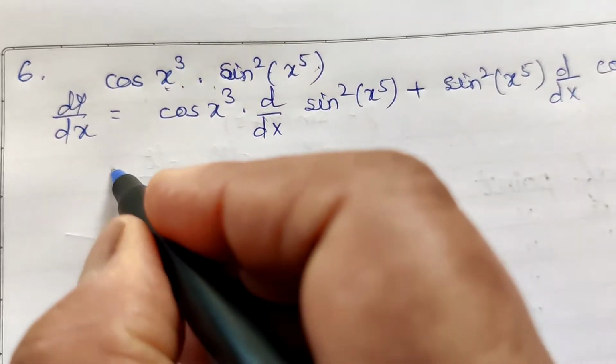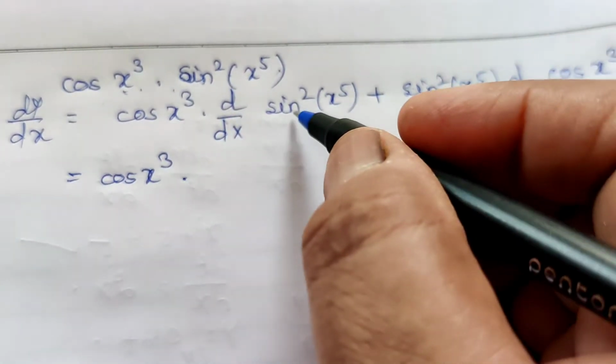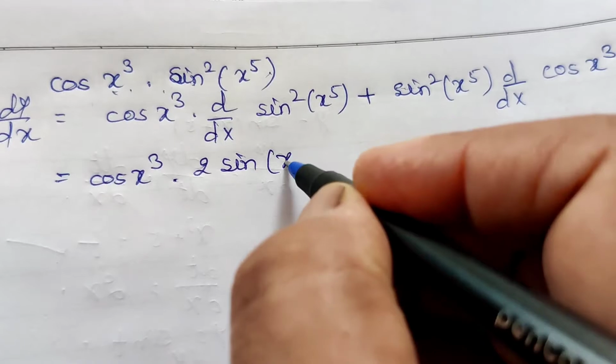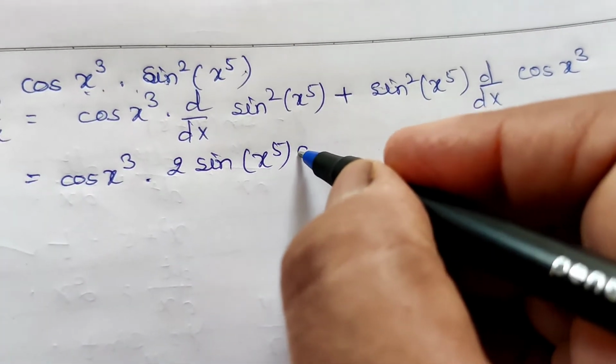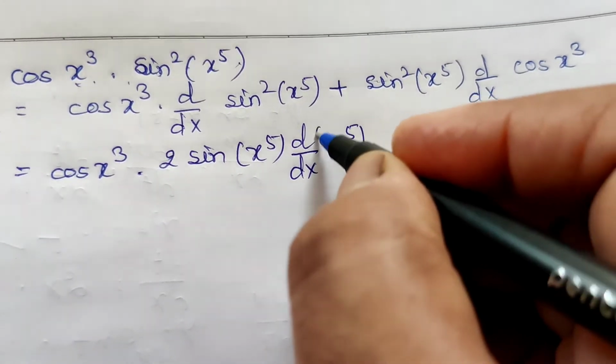Now write cos(x cube), and the sin square means 2 sin(x raised to power 5), and d over dx of x raised to power 5.